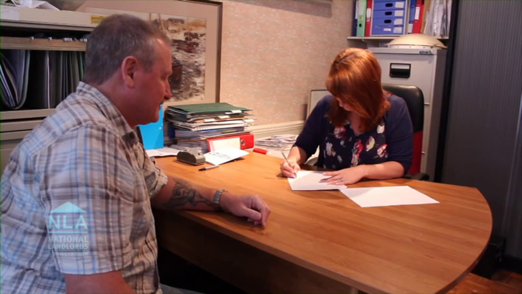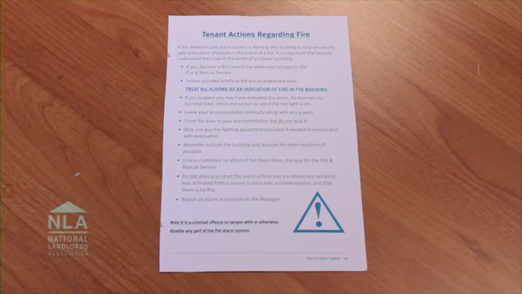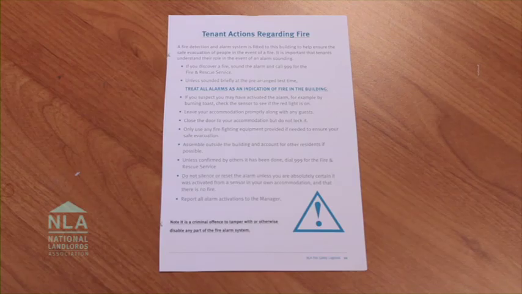Some landlords include information attached to the tenancy agreement and get a signature that it has been explained. Additionally, it's good practice to display a clear sign informing tenants what to do in the event of a fire, and again, the NLA logbook has an example you can use.